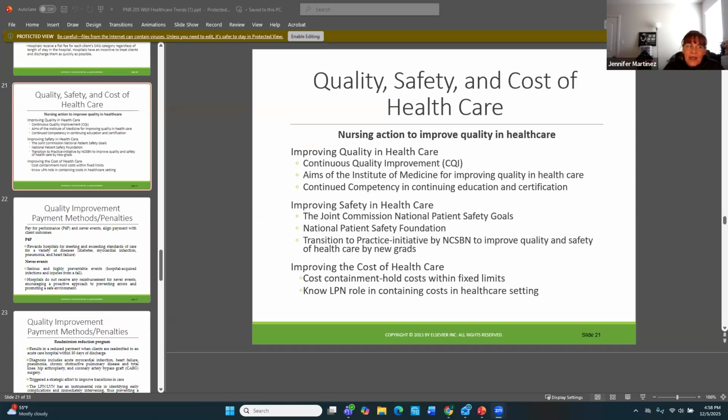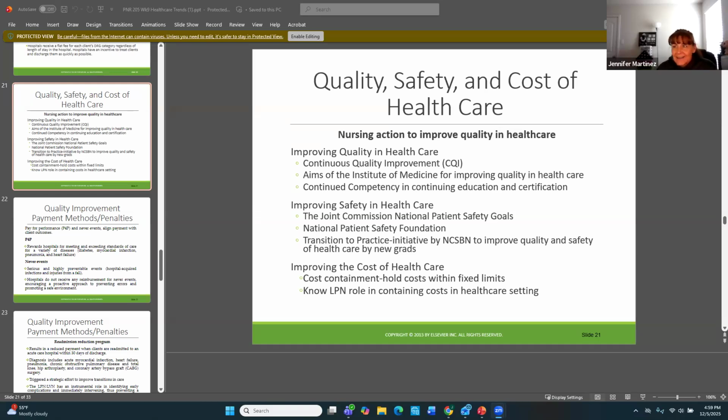And I don't know how many have heard this, and I know it's not on the slide. But there was a report that was written back in 1999. It was called To Err is Human. It found that 98,000 people died each year from preventable medical errors. 98,000, and granted, this was in 1999.